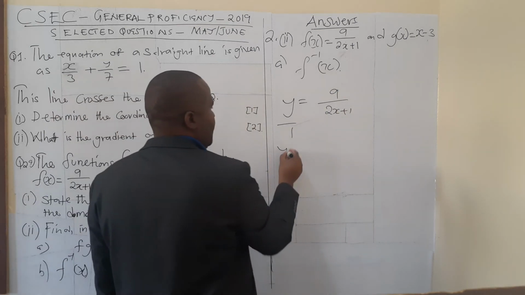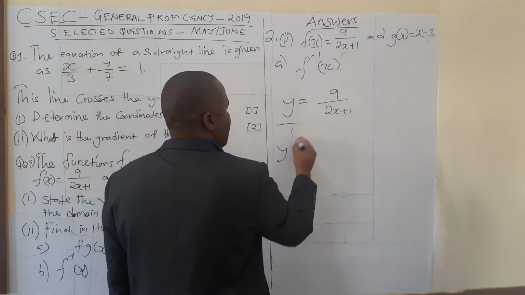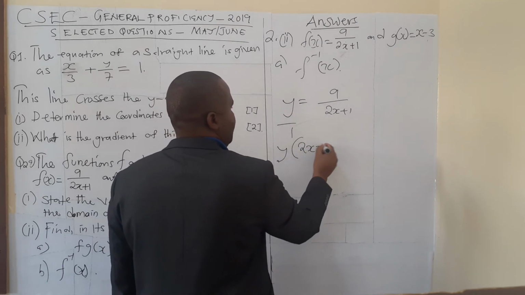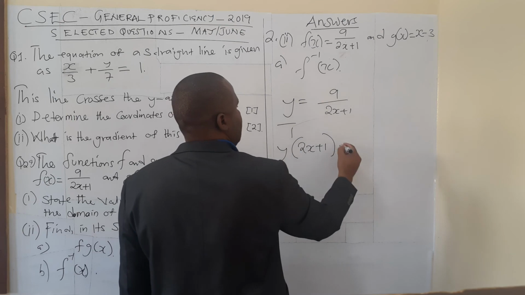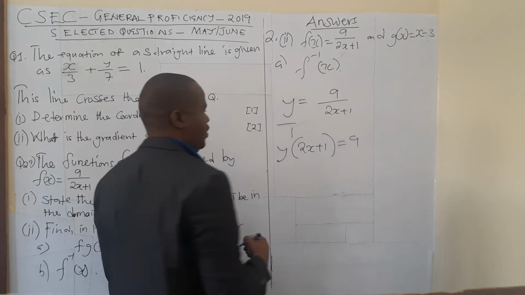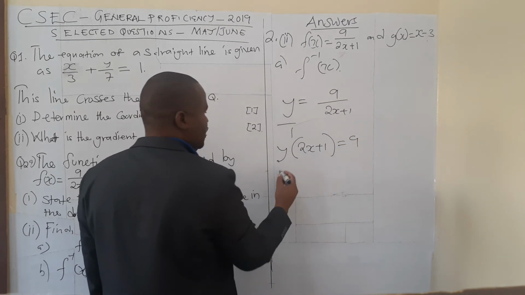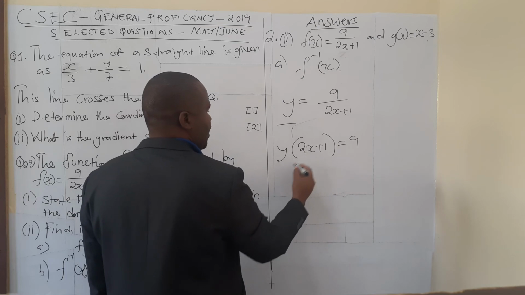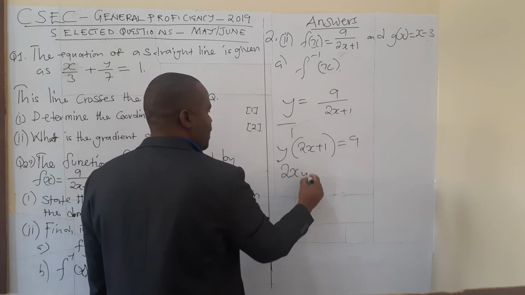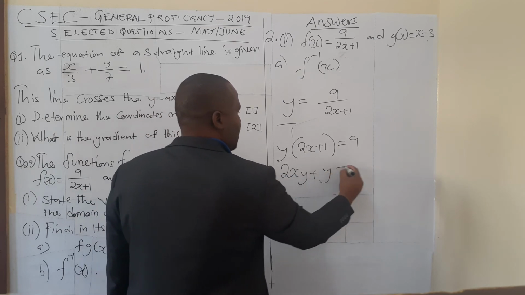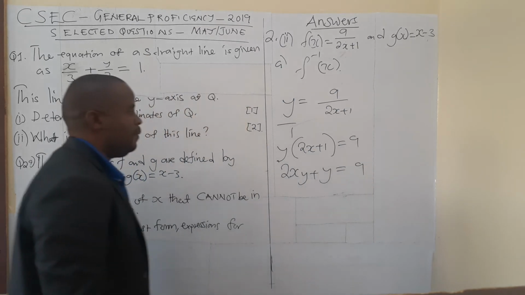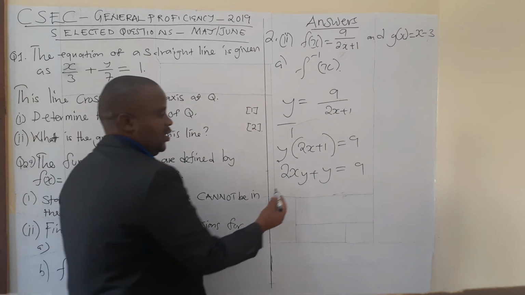So when you cross multiply, open bracket 2x plus 1, 1 by 9 gives 9. This by that, y by 2x, we have 2xy plus y. The answer is 9.